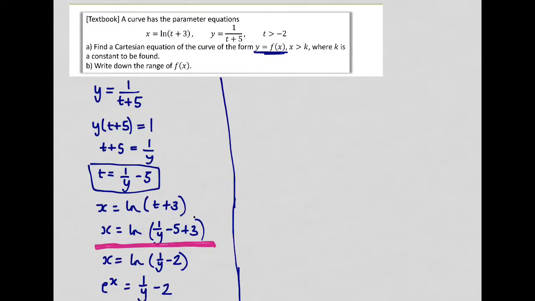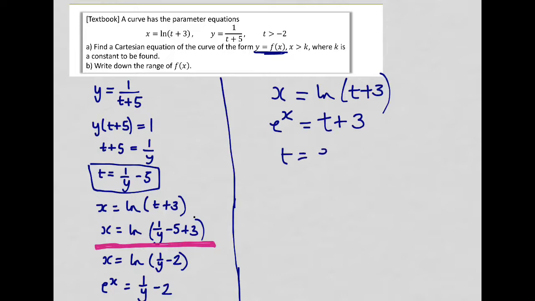And here, I'm actually going to start with the x. This I can then write as e to the x equals t add 3. And then from here, I can say that t equals e to the x subtract 3. So there is my equation where t is the subject of the formula and you've got on the other side an expression in terms of x.